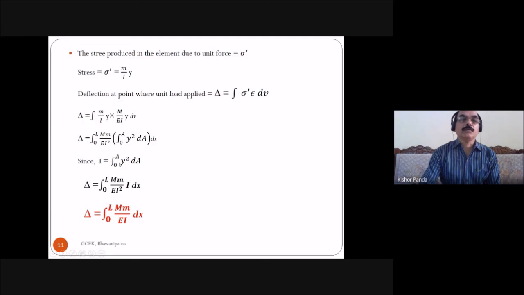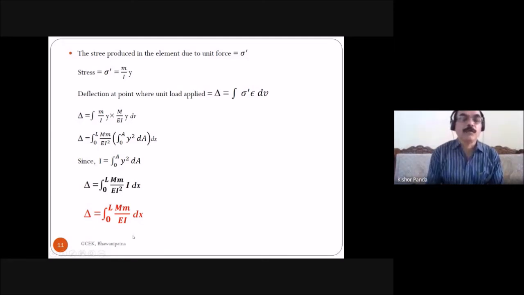Moment of inertia is equal to integration from 0 to A of y square into dA. So substitute this by I. Delta is equal to integration from 0 to L of capital M small m by EI square into I into dx. Here I cancels, then delta is equal to integration from 0 to L of capital M small m by EI into dx. So this is the deflection formula.